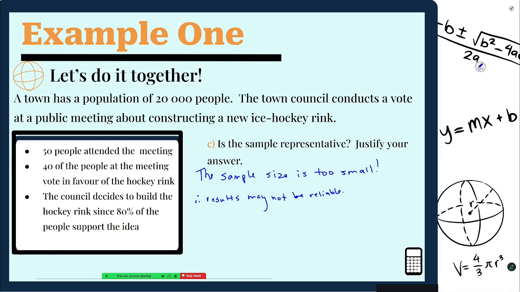Now, as we get through lesson 11 and we're talking about survey design, you will see that a lot of times those are the people that you want to ask. We don't necessarily need to know from the people who don't ever use the arena if it needs to be rebuilt.